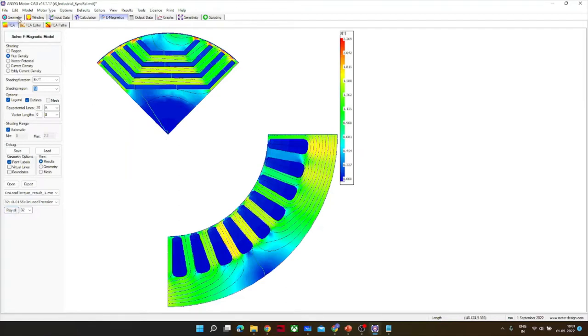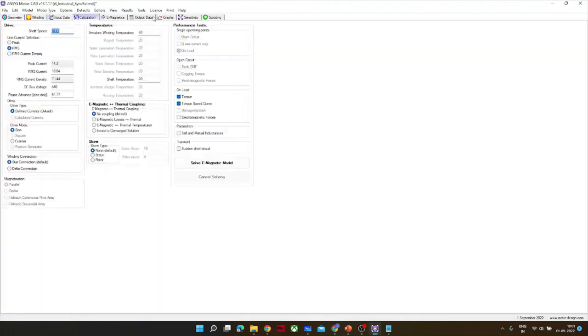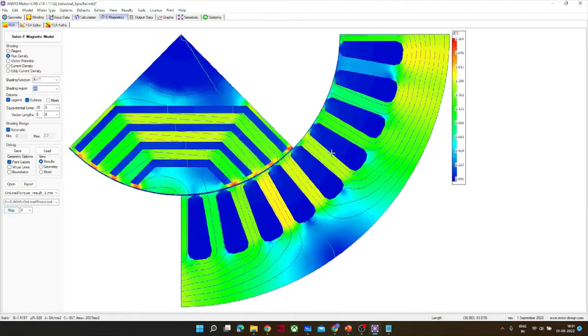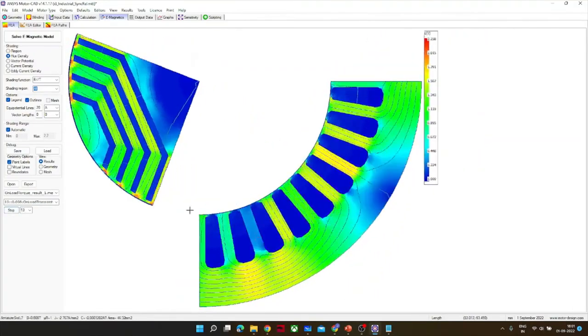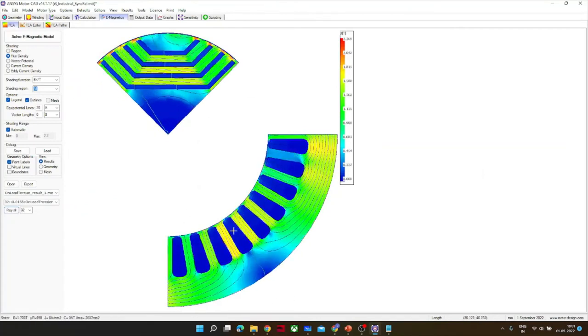Okay, so I hope you got the idea. It is running purely at synchronous speed, nothing else. You can see as the flux is moving, the rotor is moving at the same speed. So it is similar to RMF, and the speed would be synchronous speed only.